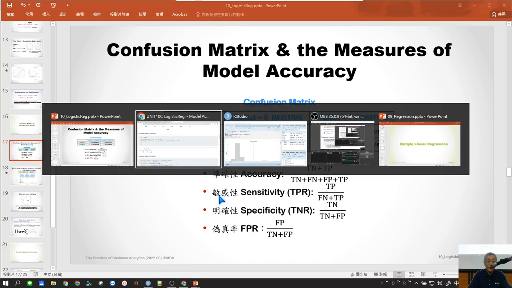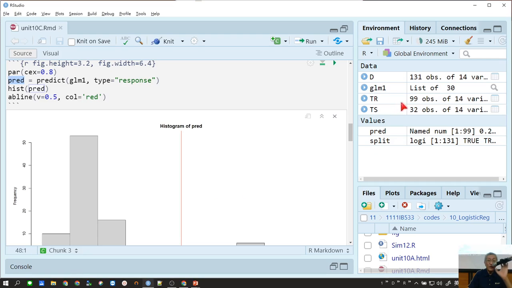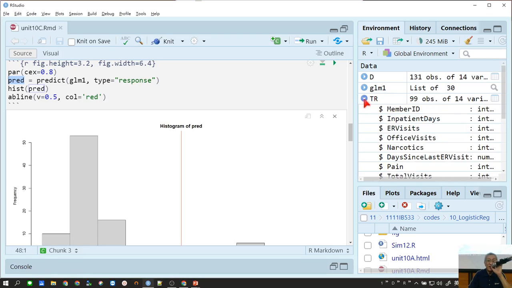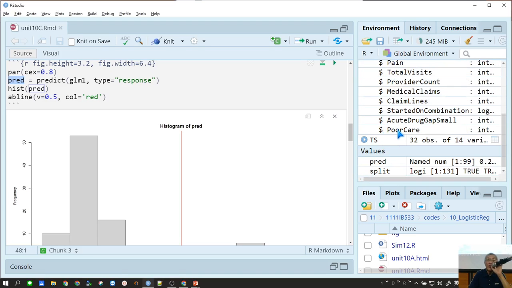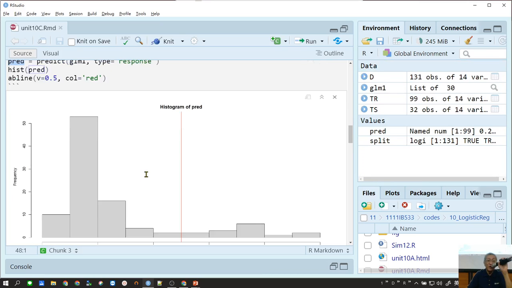For each point within this training data set, I already know its actual pool care, because this is training data. And here, if I set the threshold at 0.5, I will have a prediction about each of the pool care. Would they be the same?